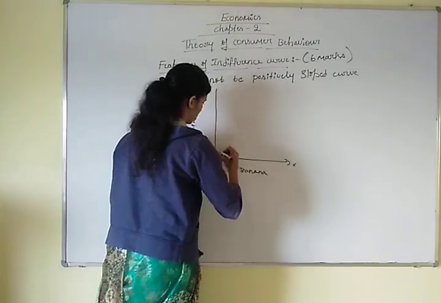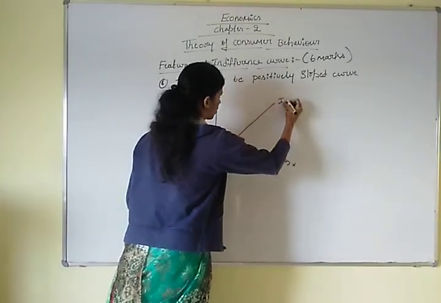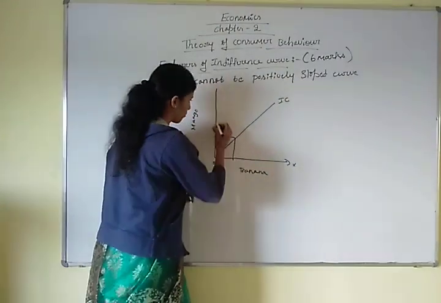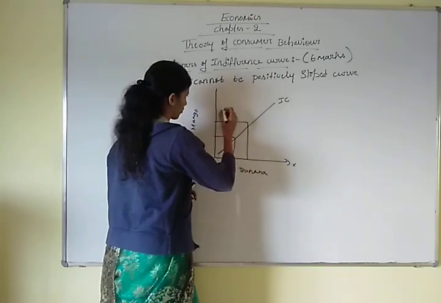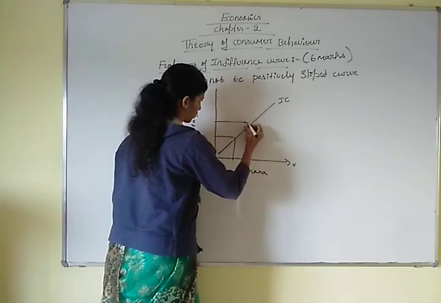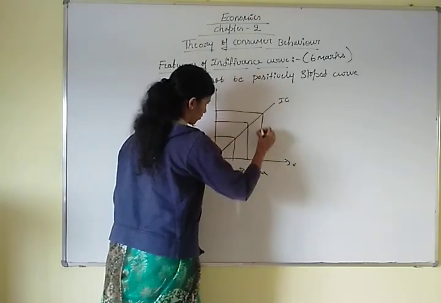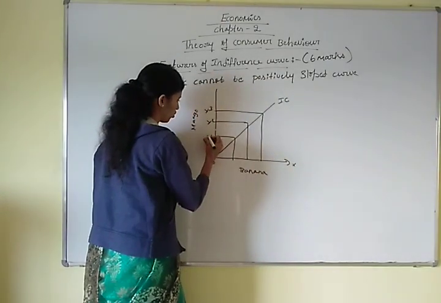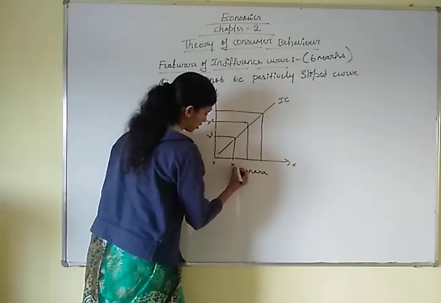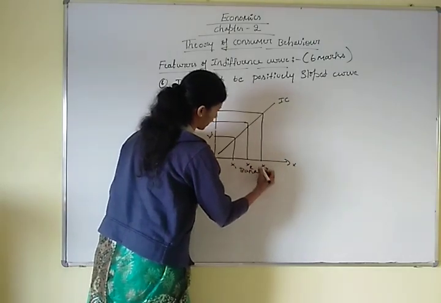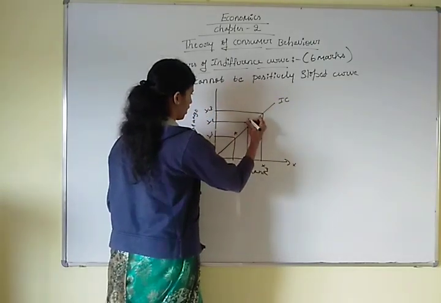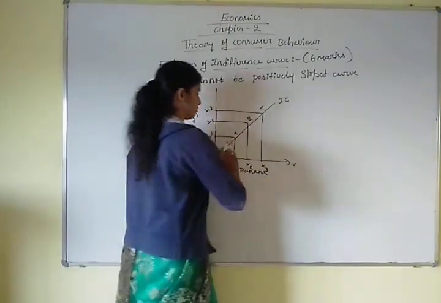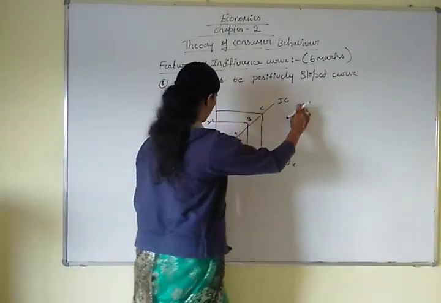Okay. So the indifference curve cannot be, with y3, y2, y1, x1, x2 and x3, this combination A, B and C, a positively sloped curve.